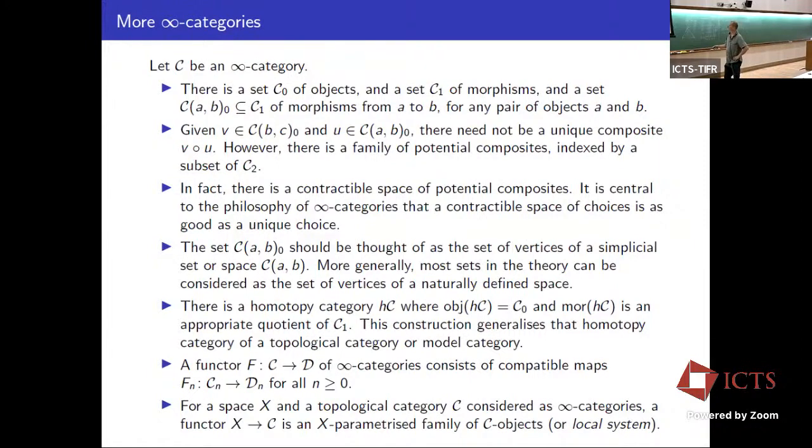But from the Lurie point of view, the right notion of a parameterized family is just a functor. So X can be regarded as an infinity category by taking the path category construction, and C is an infinity category, and you look at functors in this sense from X to C, and that's the correct notion of a local system of C-objects parameterized by X.